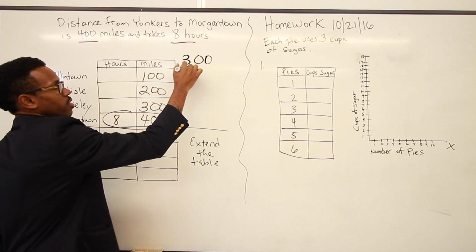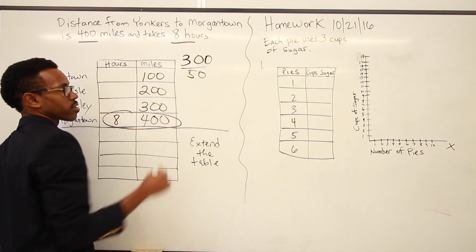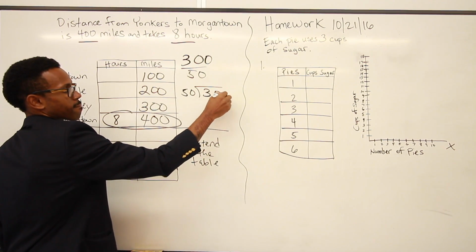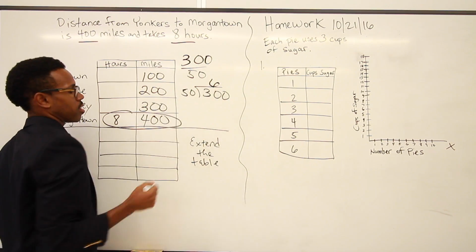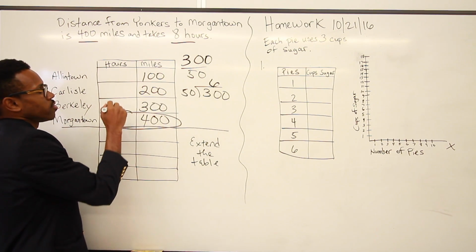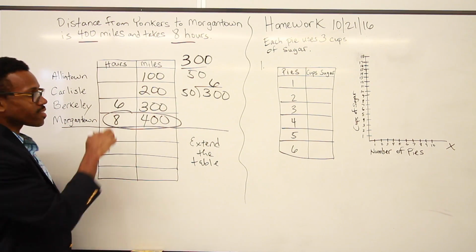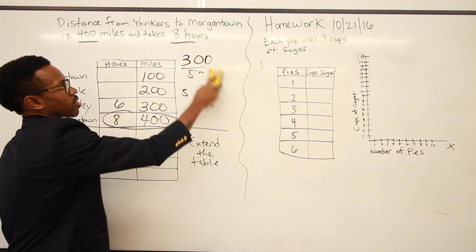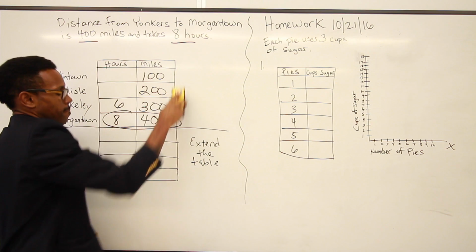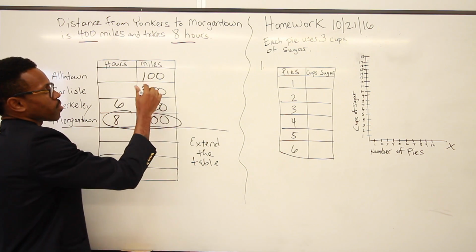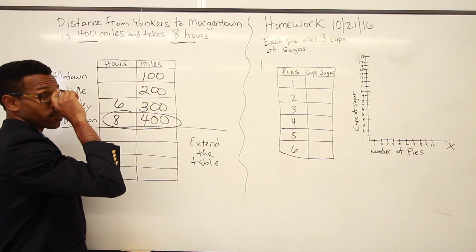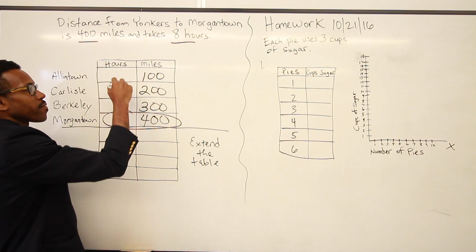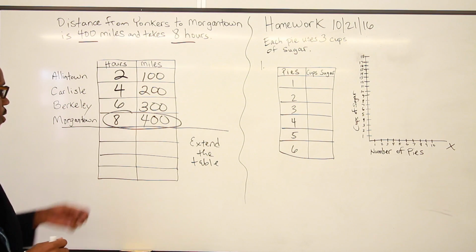I had 300, I divided that by 50, and we discovered that was 6. So it would take 6 hours to travel 300 miles. Same with 200 miles, we're dividing by 50. Same with 100 miles, we're dividing by 50. This is how we're getting the data there.